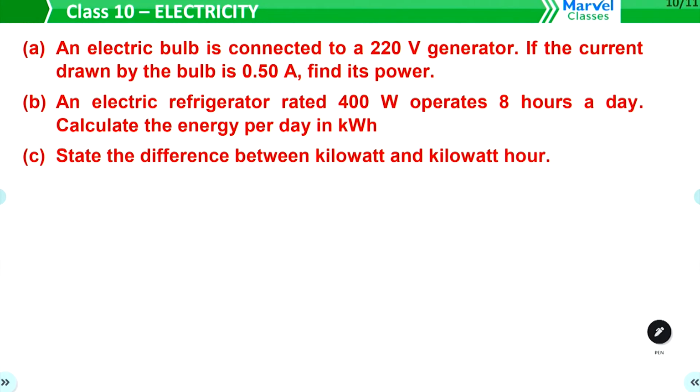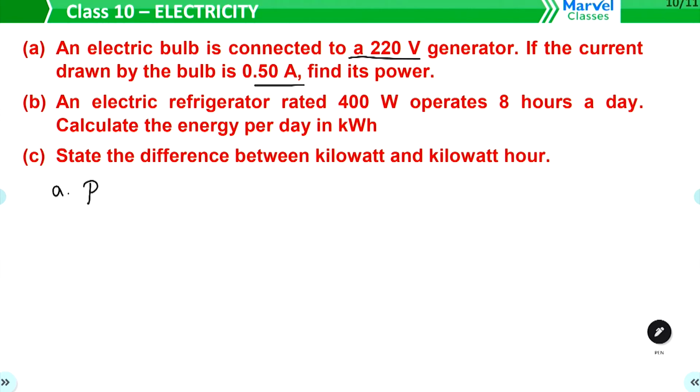An electric bulb is connected to a 220 volt generator. If the current drawn by the bulb is 0.5 amperes, find the power. First let me solve it. They are asking you to find the power, whereas the voltage and current are given.